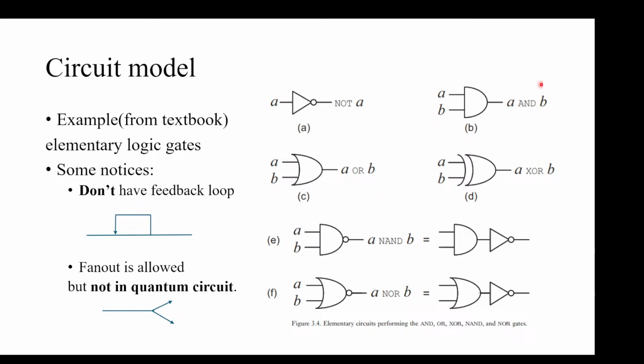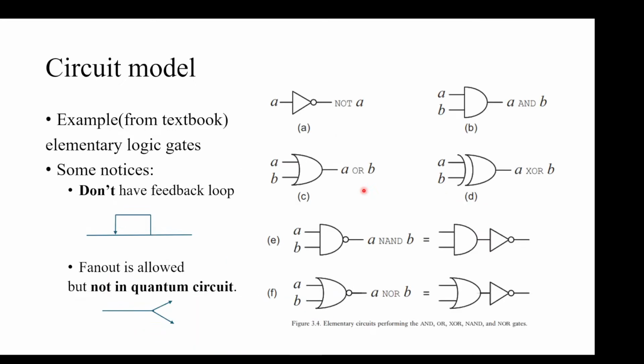That means that it is 1 only if both A and B are 1. And you have the OR gate: A, B going in, and you have A OR B as output. That means that if one of A and B is 1, then the output is 1. And you also have XOR. That is, if A is different from B, then you have 1 here, and if A is the same as B, then you have 0 here.